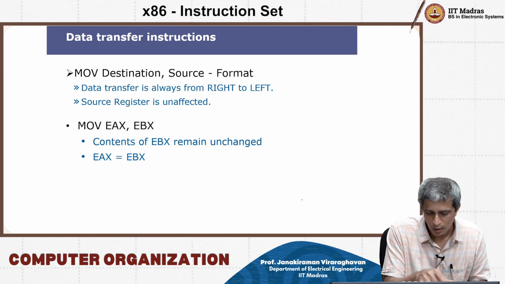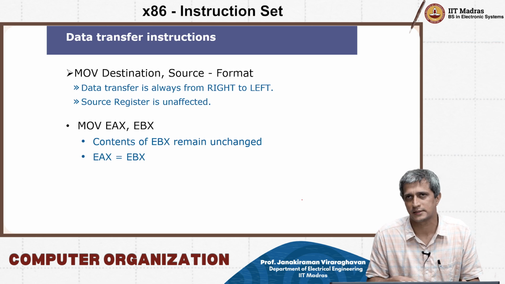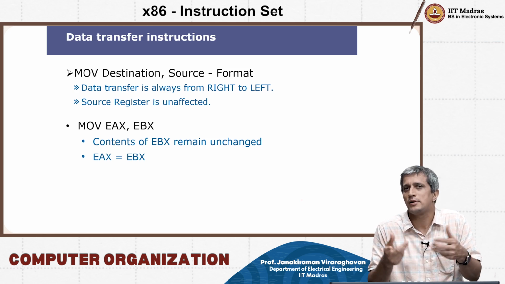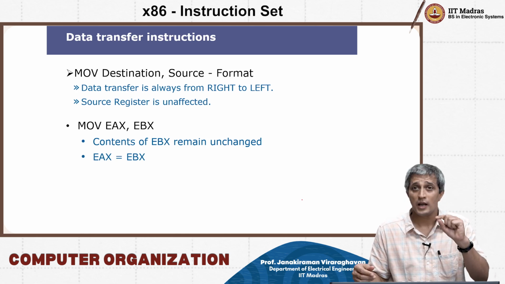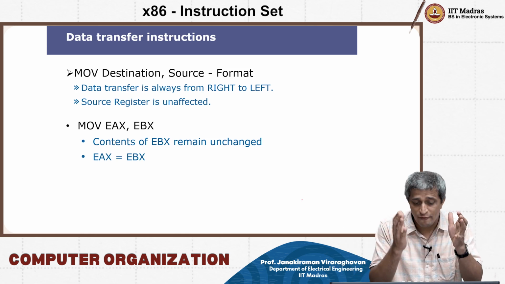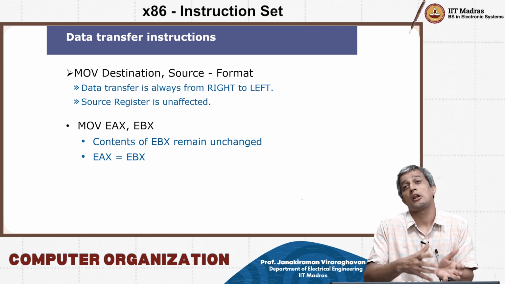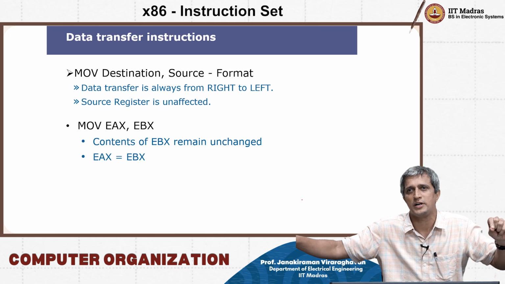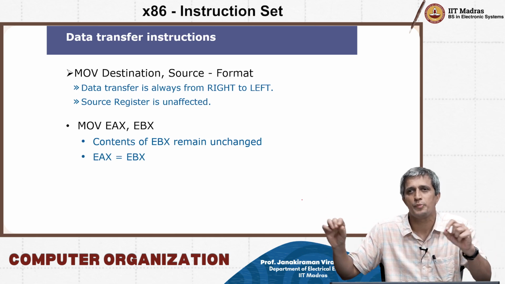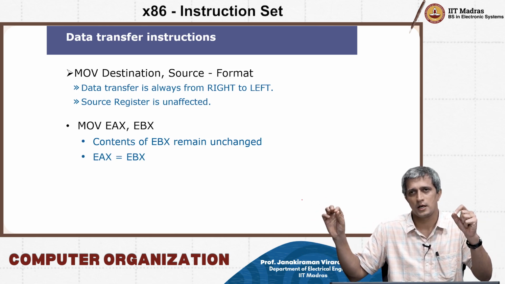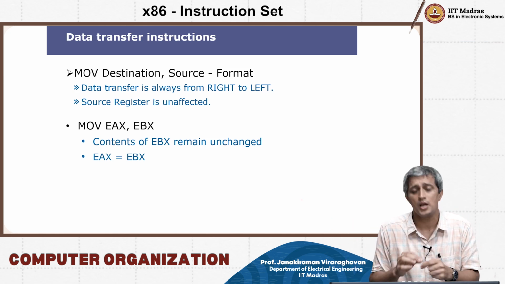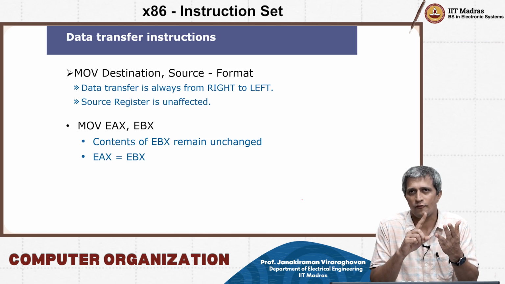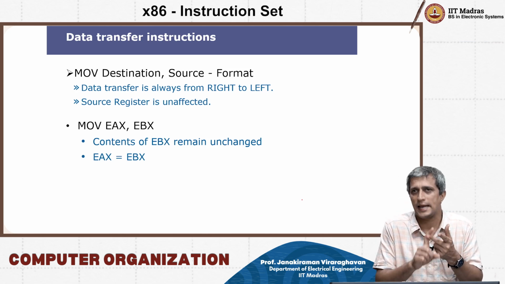So EBX has to come on the right, EAX comes on the left. This MOV EAX, EBX is what we call a mnemonic or an assembly instruction. Internally, every assembly instruction will translate to a certain machine code, which is just a sequence of bits. In this case, it will be a 32-bit binary representation that stores something to tell you that you are moving data from EBX to EAX.